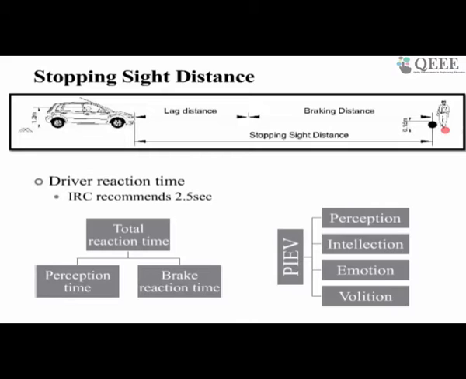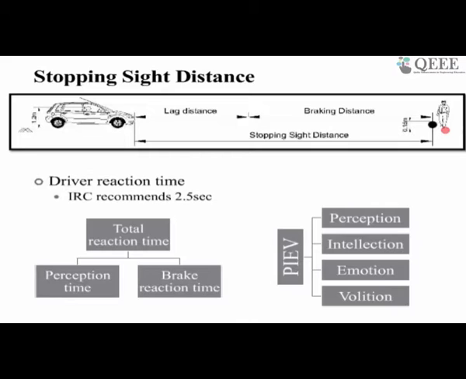Once the intellection happens, the driver gets into a mode of fear, or some emotional action, such as anger or honking, something they will have to do. So there is an emotion state.